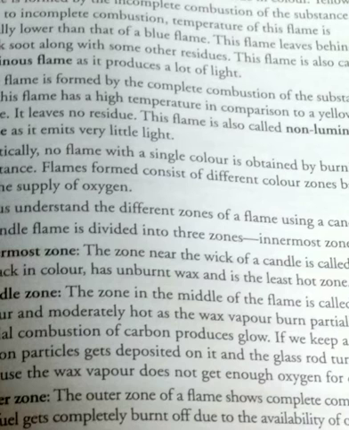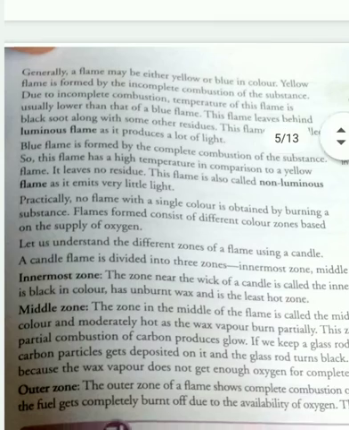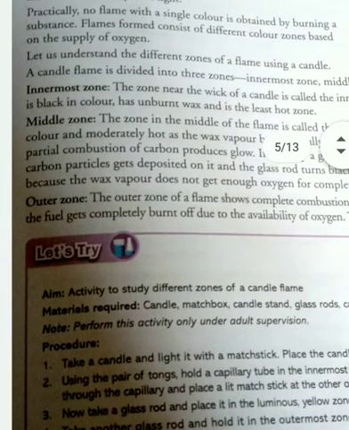Such a flame is called a luminous flame, as it produces a lot of light. Since a lot of light is produced by this yellowish flame, we call it a luminous flame. But along with light, it produces some black soot also. Soot means unburnt particles of carbon along with other residues.